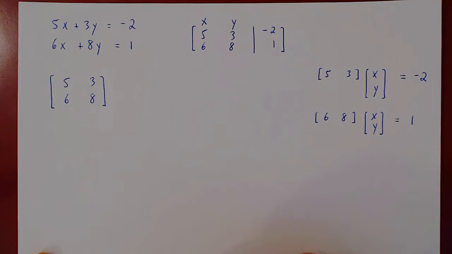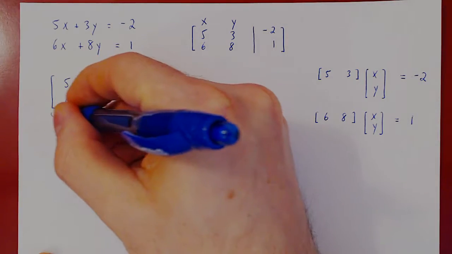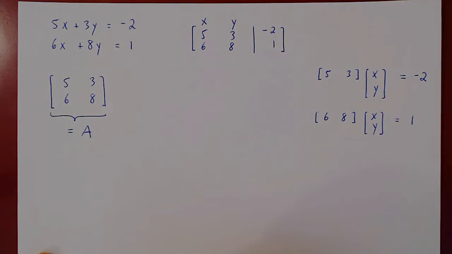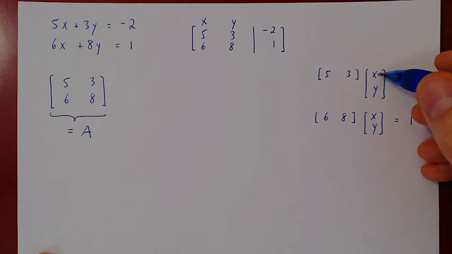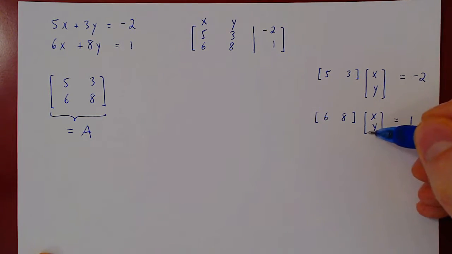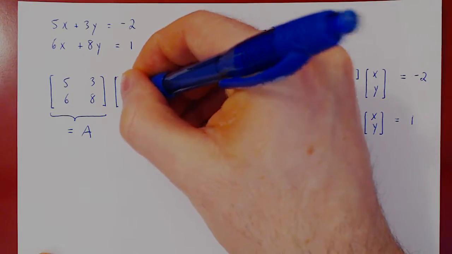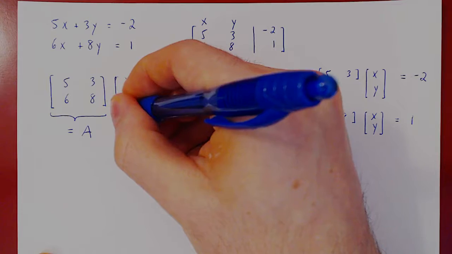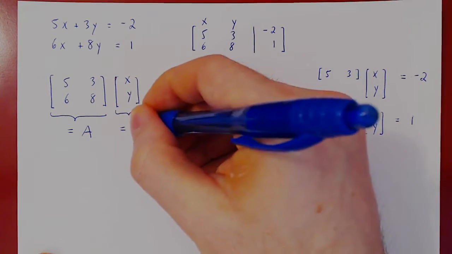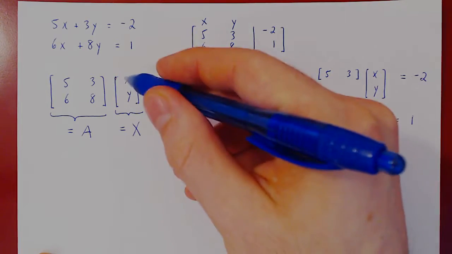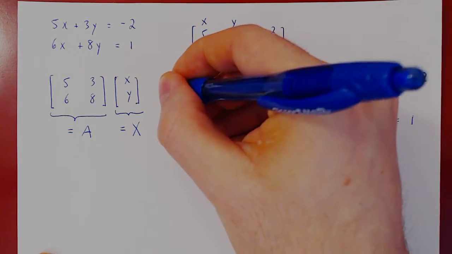We now have a 2 by 2 matrix, which we call A, times, well, if we want the first constant term, we'll have to multiply by x, y, second constant term also by x, y. And so we multiply by the vector of variables, x and y. This we'll label as an uppercase X, the column vector, the column matrix that contains the variables, equals.